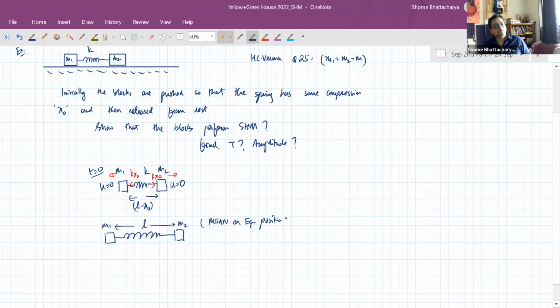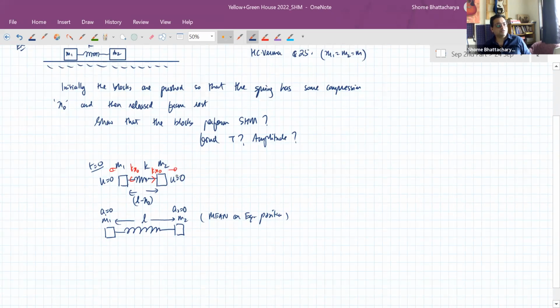At this state, this one has 0 acceleration and this one has 0 acceleration, because the spring is at natural length. Because the spring was pushing them outwards, they had accelerations A1 and A2, so by the time they reach the mean position, they also have some velocity.